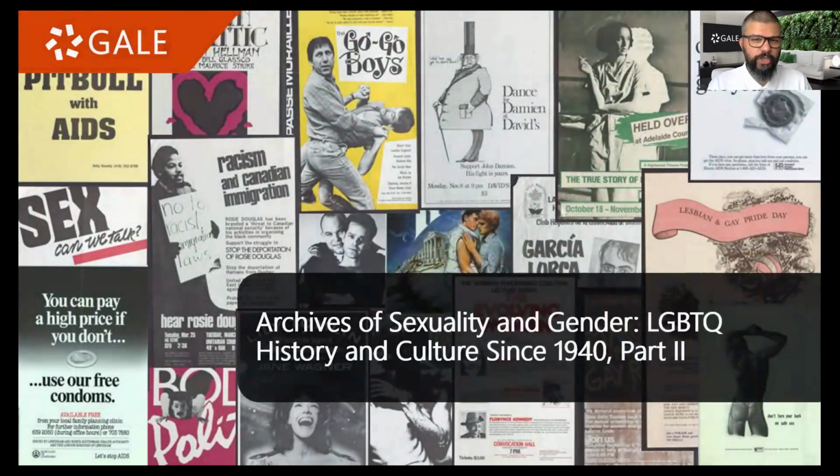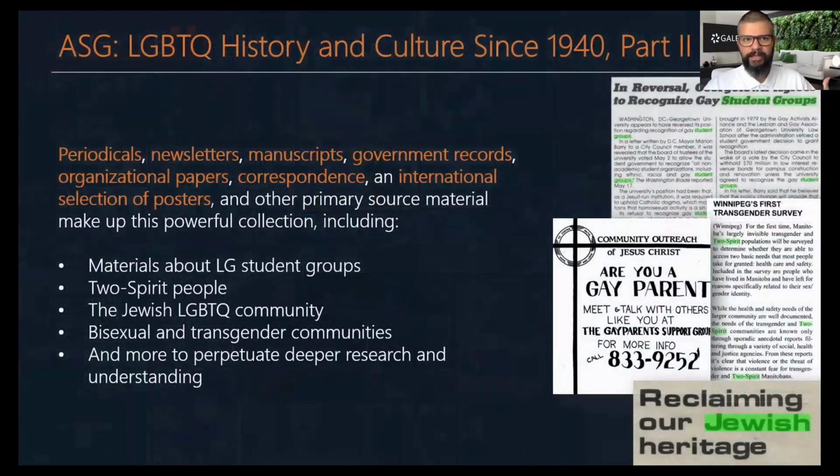Part 2 of the archive, essentially what we've done here is we've expanded on that coverage that we released in part 1, but we went a little bit further and started to look at minority groups, building on the periodicals, manuscripts, and government records as well. We also wanted to highlight underrepresented communities and provide fresh perspective on some of these diverse communities, and allow researchers to make connections between the culture and activism as well.